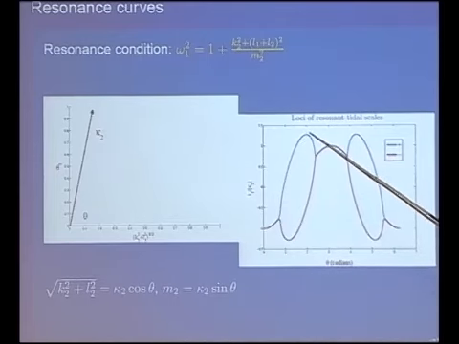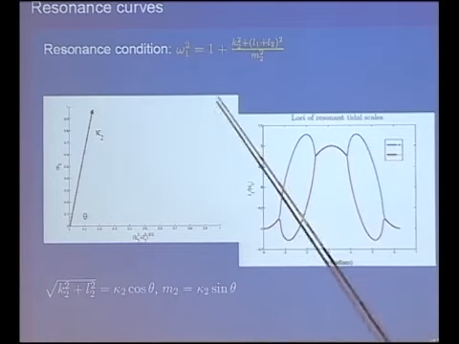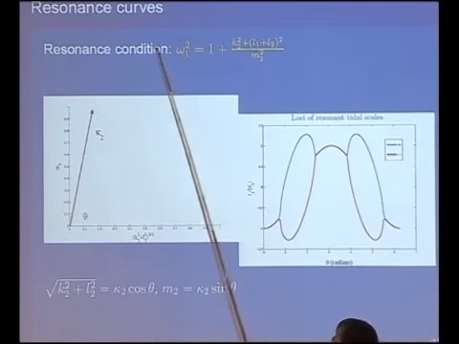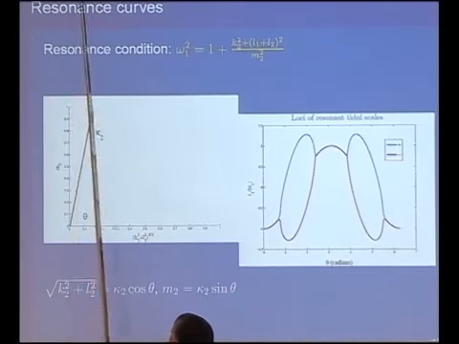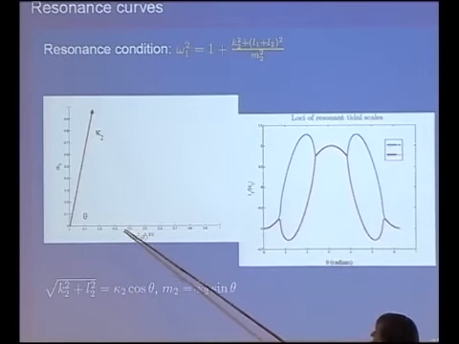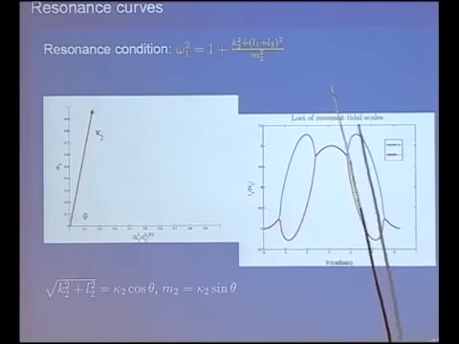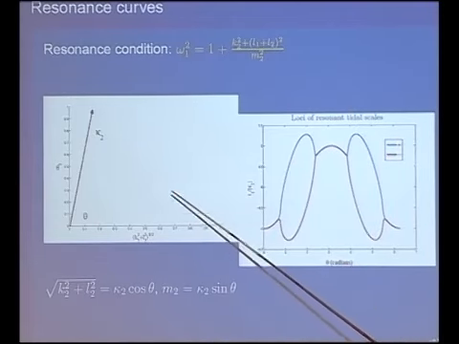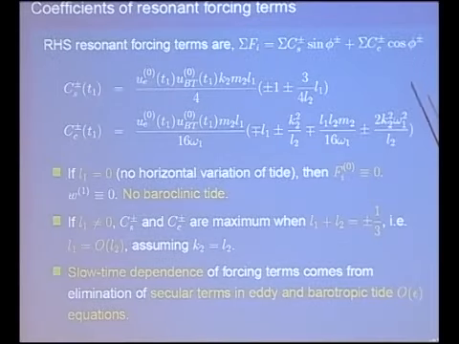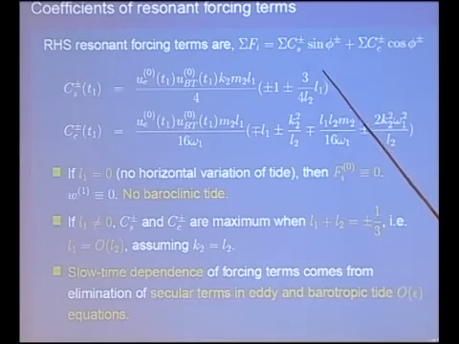And so you see that it's symmetric about the angle pi. And L1 has maximum values when the angle theta is equal to 0, which corresponds to essentially a vertical wave number for the eddy field, like this.